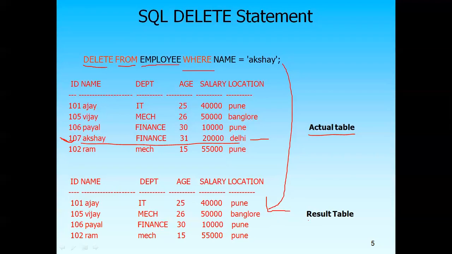So this is the result of the delete statement. So delete from employee where name equal to Akshay will delete this record from the table, and that's why if you observe these records, this record is not there, right? So this is the simple delete statement that we can use to delete the record from the table.